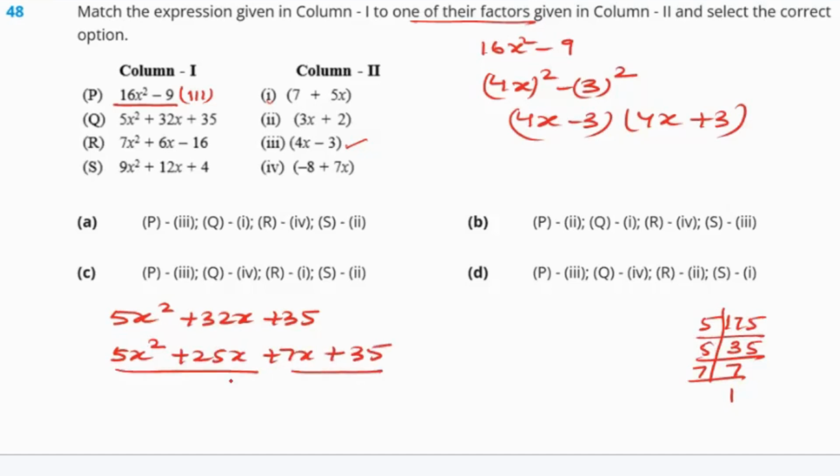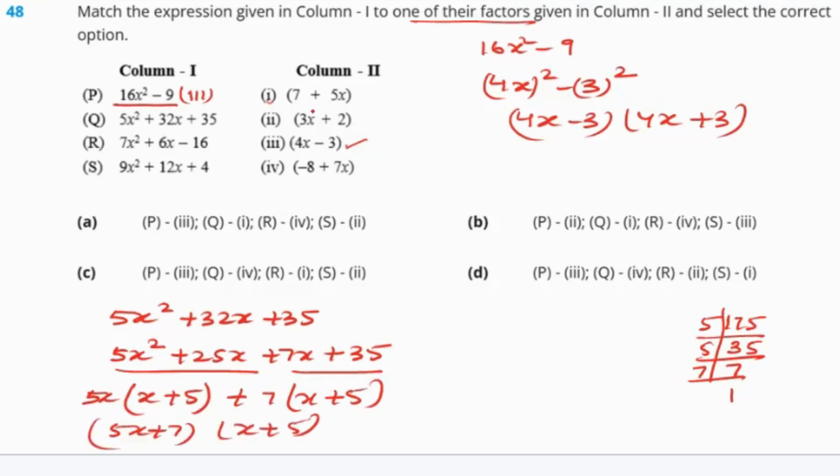We can take 5x common from here, and x plus 5 will be left. From 7 we take common, and x plus 5 is again left. So we are getting 5x plus 7 and x plus 5. One of the factors is given to us, 5x plus 7, which is option number 1.